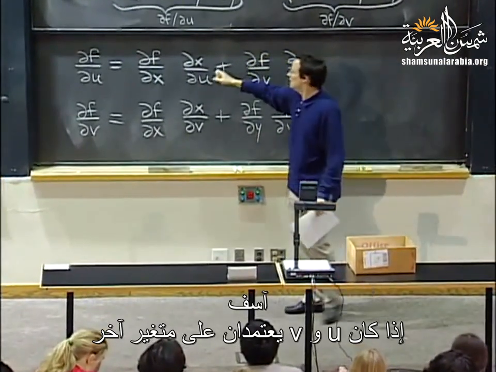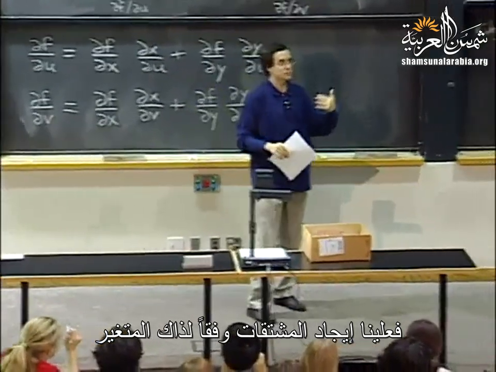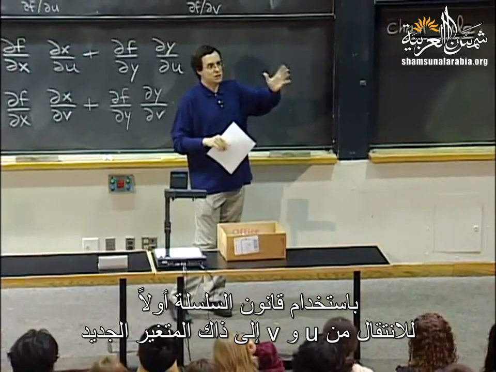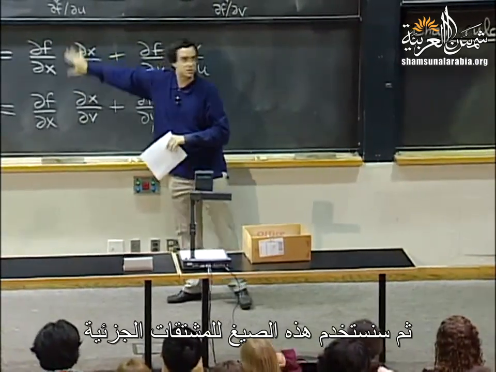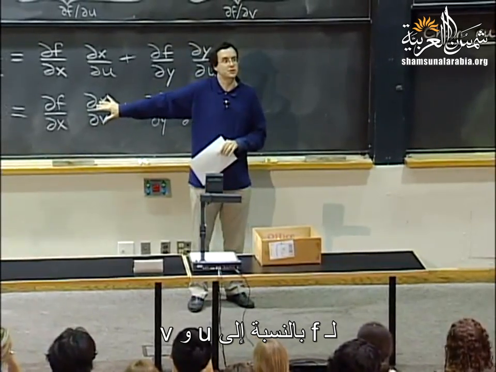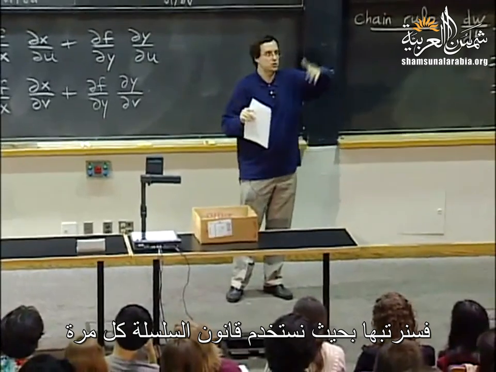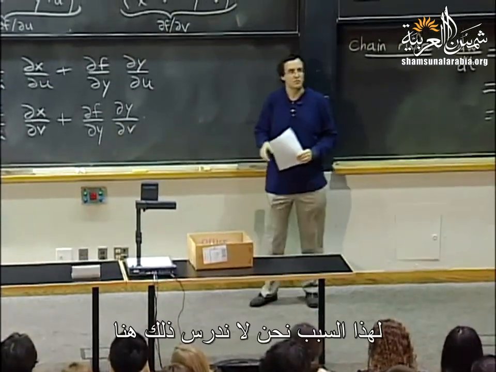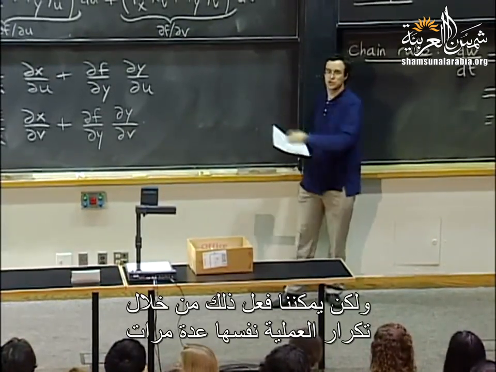So if u and v depended on yet another variable, then you could get the derivative with respect to that using first the chain rule to pass from u, v to that new variable, and then you would plug in these formulas for the partials of f with respect to u and v. So in fact, if you have several substitutions to do, you can always arrange to use one chain rule at a time. You just have to do them in sequence. So that's why we don't actually learn that, but you can just do it by repeating the process.